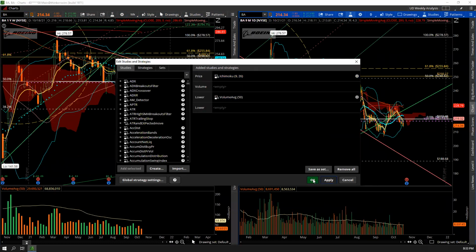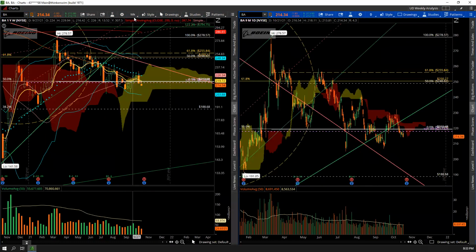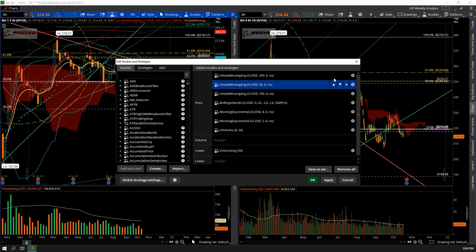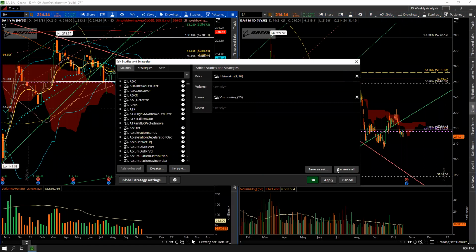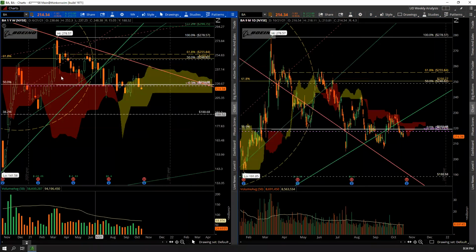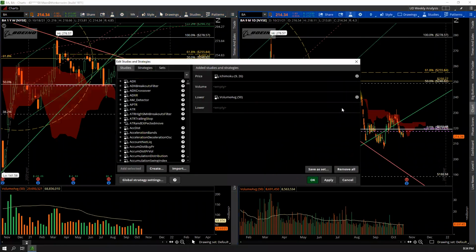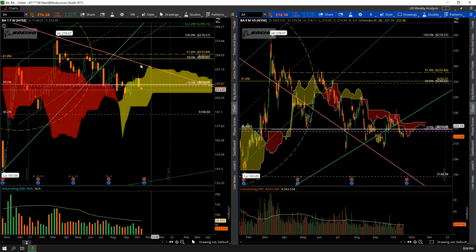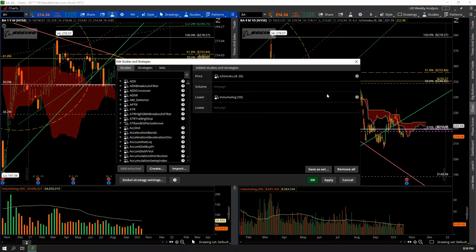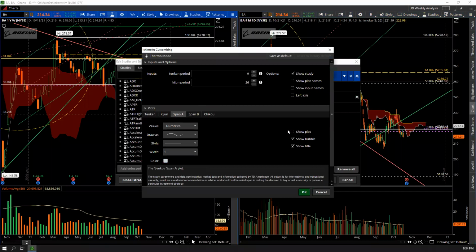Okay, apply. So now what you're looking at is a weekly chart on the left side and a daily chart on the right side. Let me just decorate it a little bit. Okay, that's what we are looking at, and very quickly that one also.